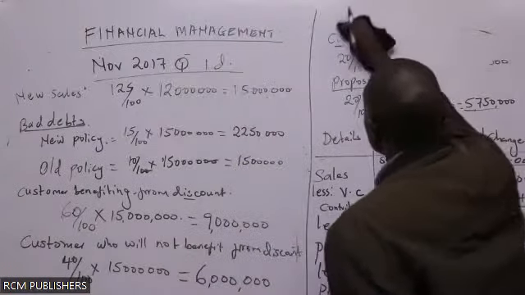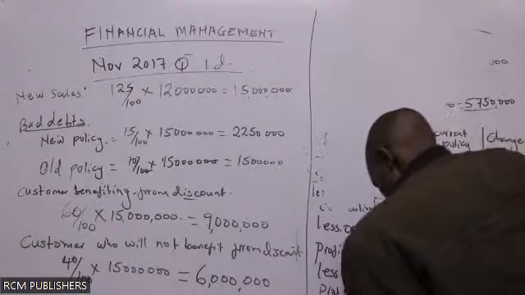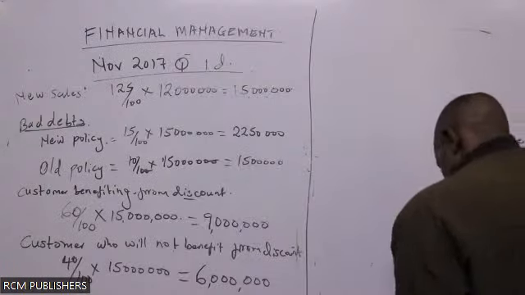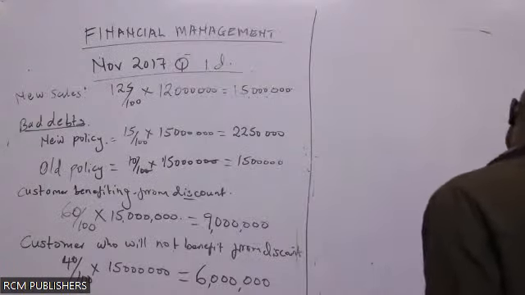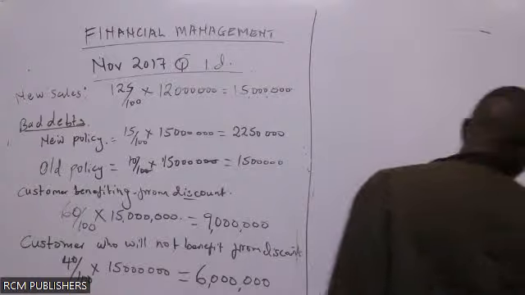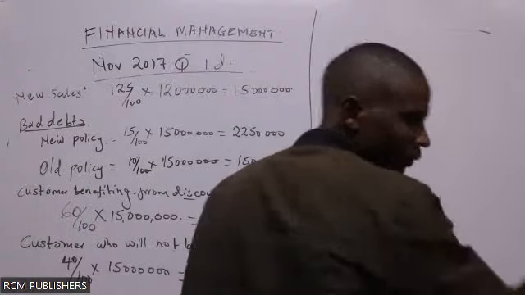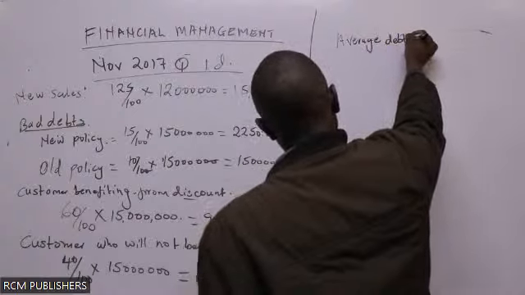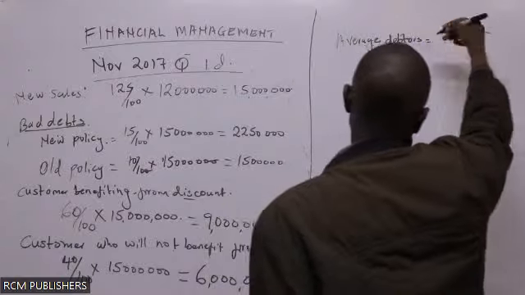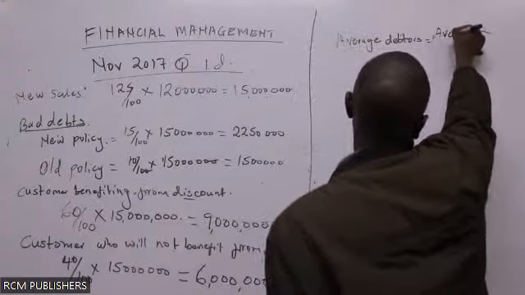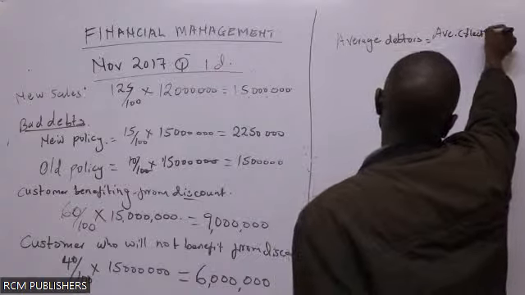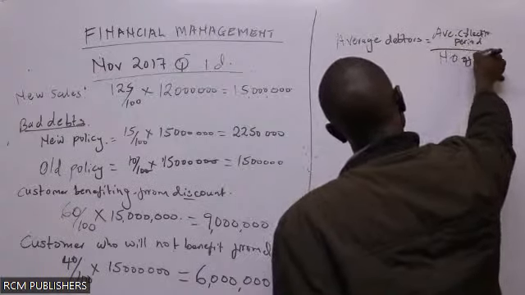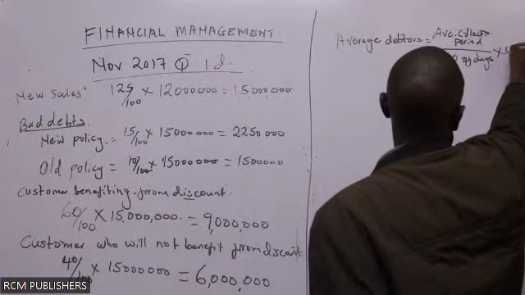Then remind me the formula of getting average debt, because that's where we are now. These things keep repeating. We must know the average debt. Average debt, we said, is the average collection period over number of days, times the credit sales.